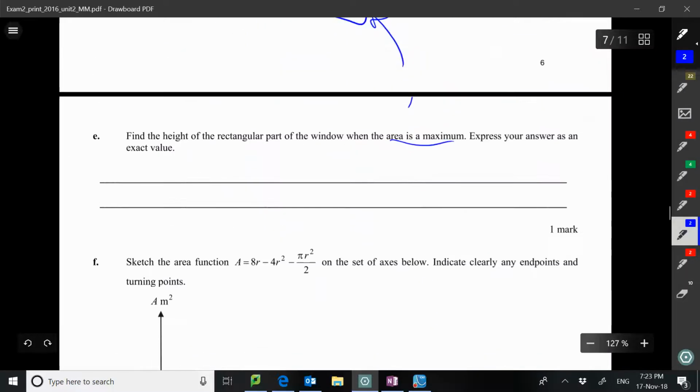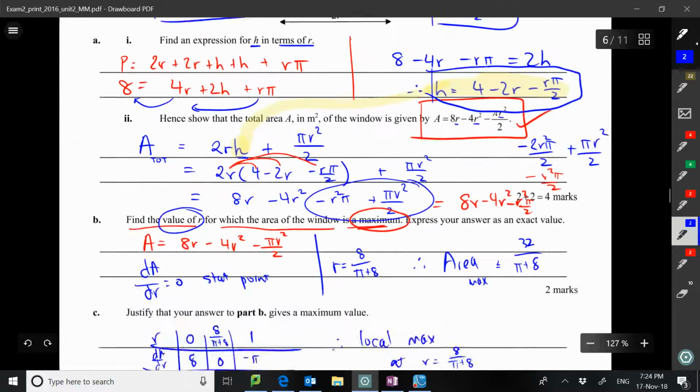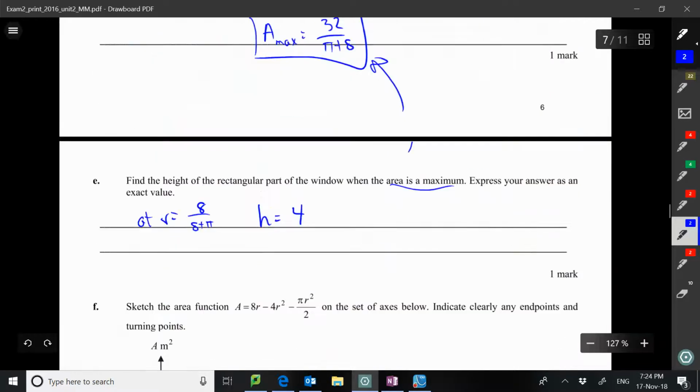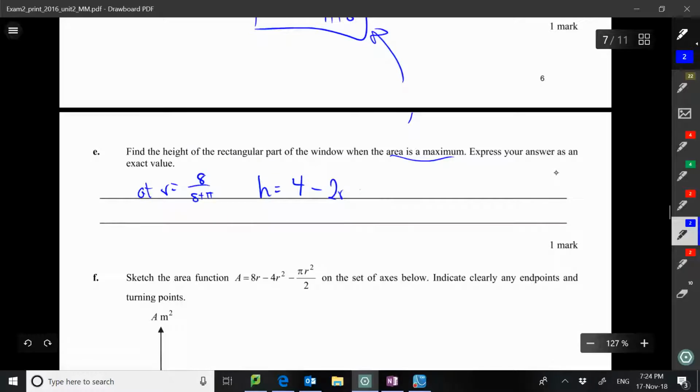So you know that when r equals 8 over 8 plus pi, that's when you have the maximum area. And you know that height is equivalent to 4, what was it again? Minus 2r minus pi r on 2.